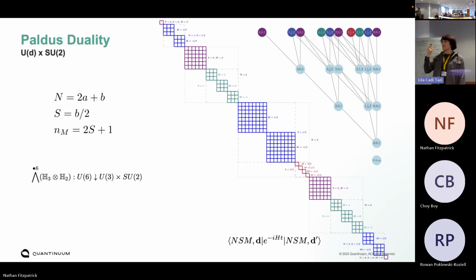Okay, so that was kind of complicated, but this is slightly technical. When you have UD, we have UD cross U2. SU2 is a subgroup of U2, and basically what that means is that you can relabel the ABCs in terms of total particle number and total spin, and then the total spin has multiplets of 2s plus 1.